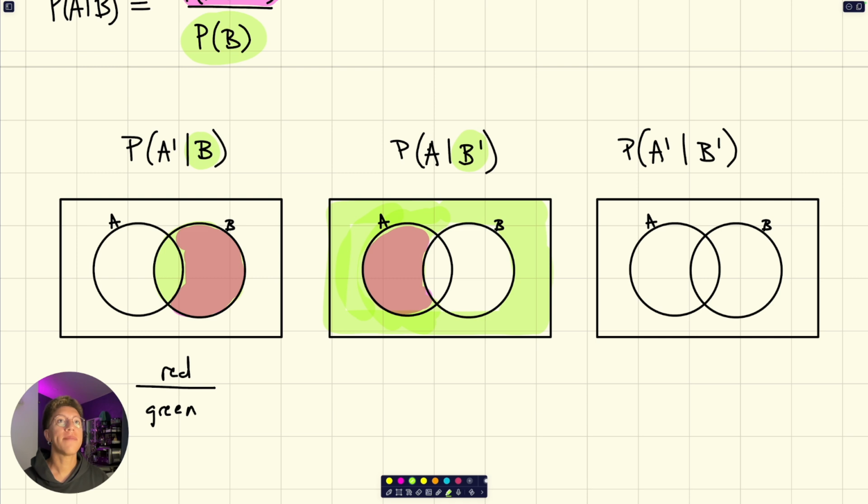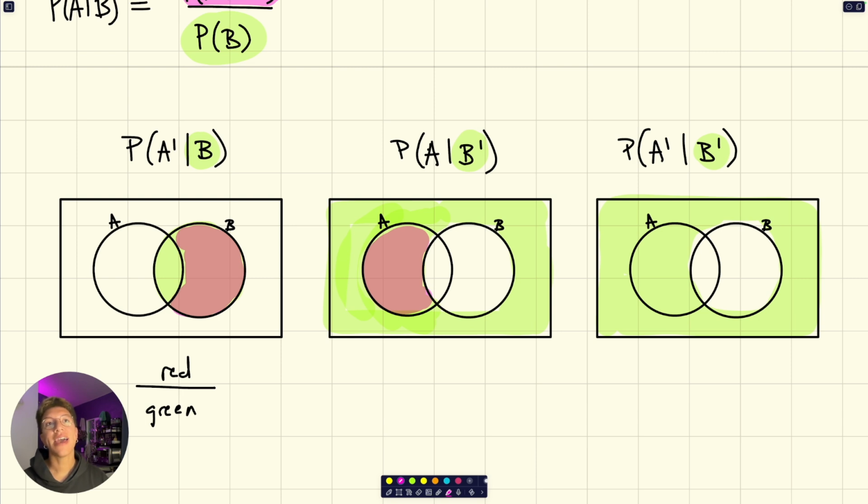And we have the probability of A not given B not. And so again, our B not is everything outside of B. And now we're looking for A not. So where does our A not lie?